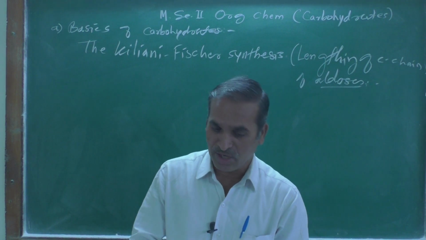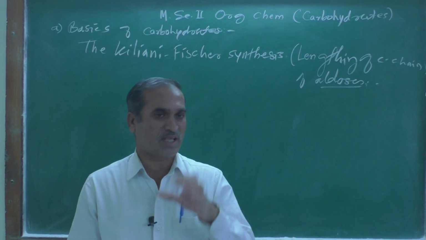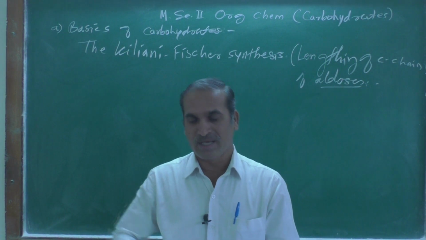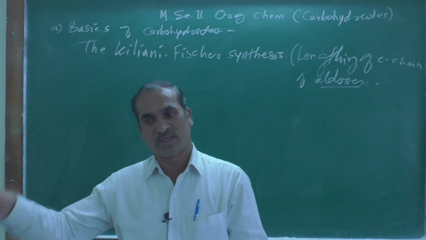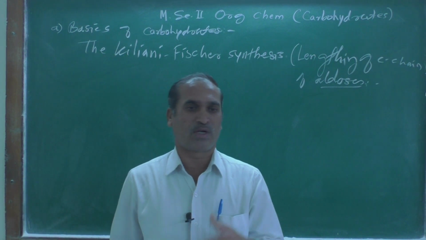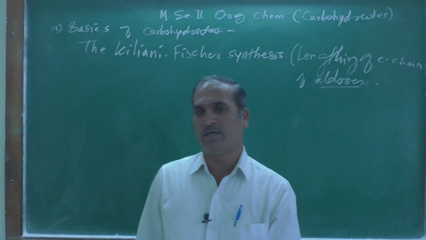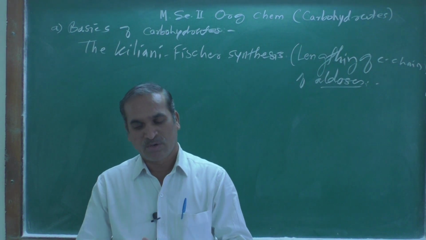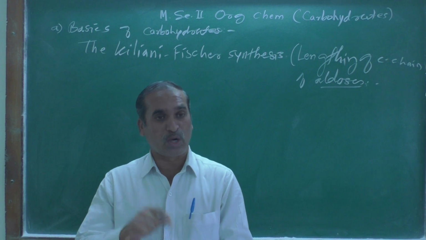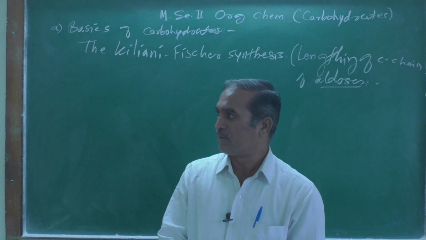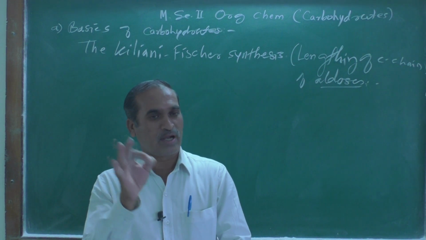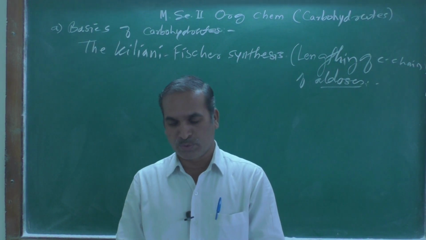Once the cyanide group is introduced into the glyceraldehyde, there are two possibilities: the hydroxy group is on the right hand side in one case and on the left hand side in the other. Then hydrolysis is carried out, and the cyanide group is easily converted into a carboxylic group.